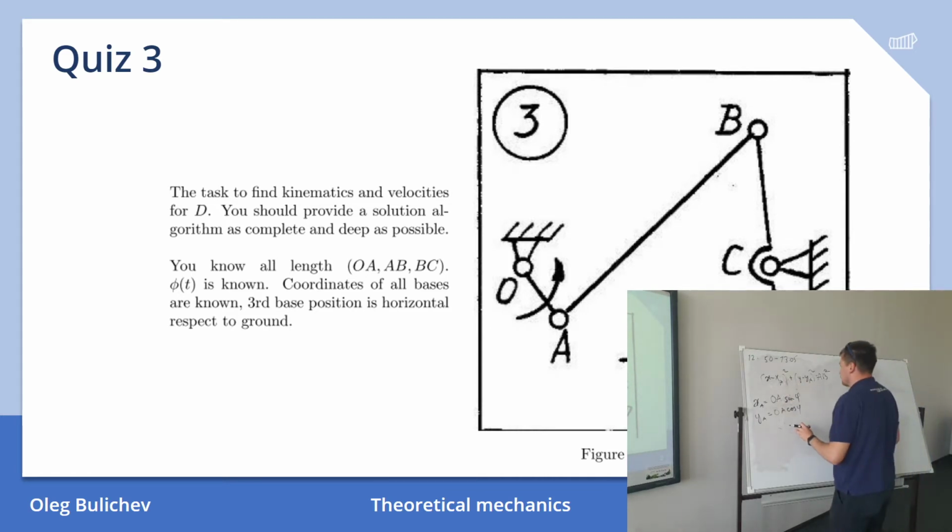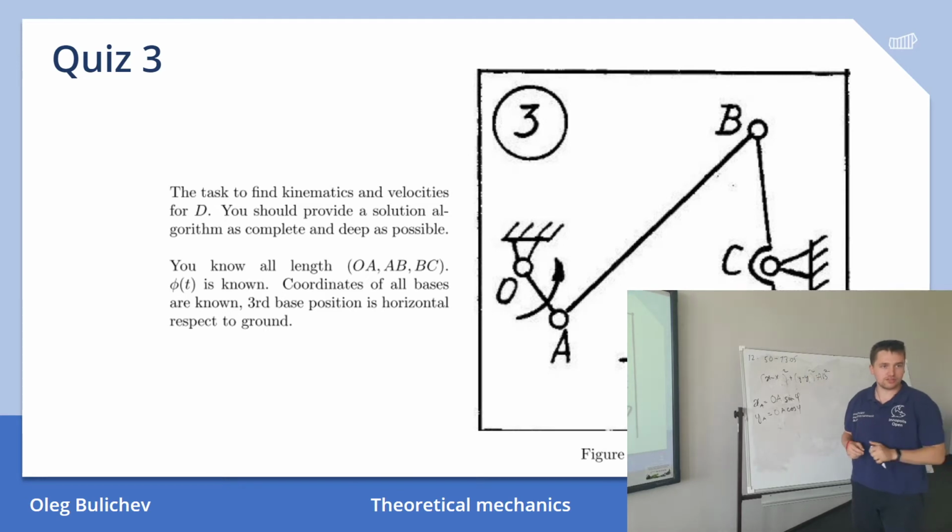I still don't understand which equation to use and how. What didn't you get? You wrote the equation of the circle. Yes. Okay, how will you derive from it the coordinates for B?